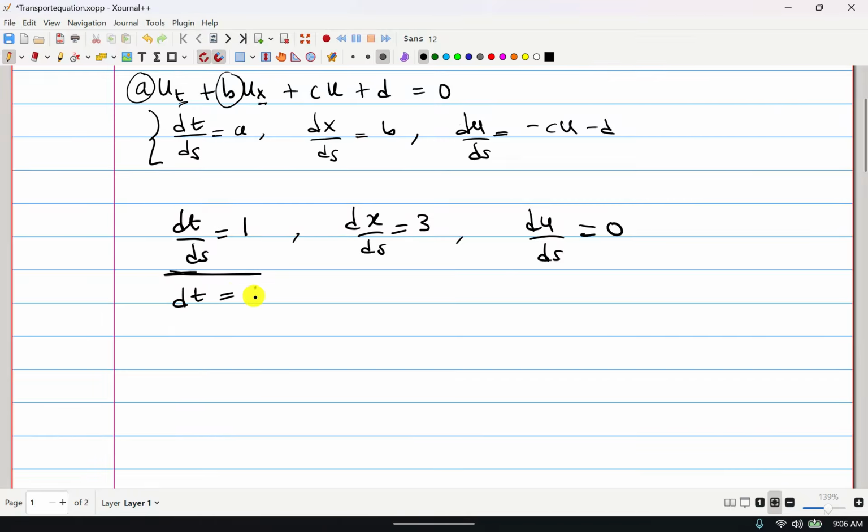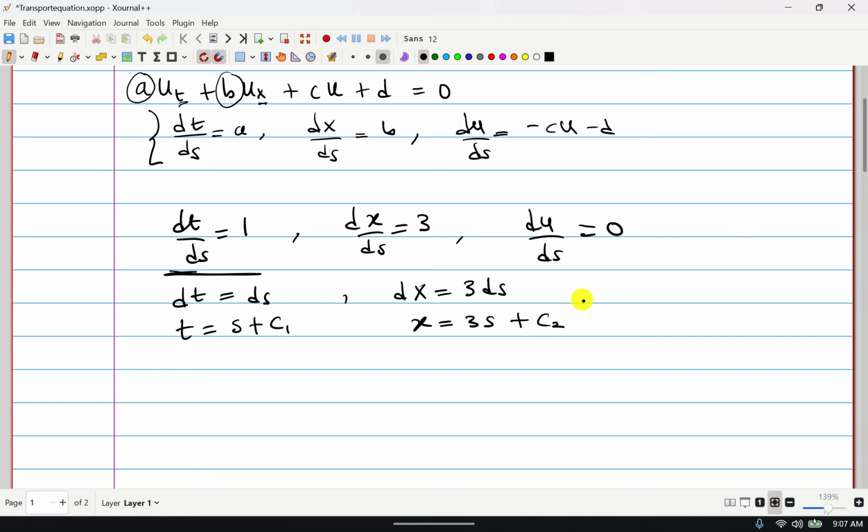You get dt equals ds. When you integrate both sides, you're going to get t is equal to s plus a constant c1. Do the same for the other one, and you get dx is equal to 3 ds, and you get x is equal to 3s plus c2.